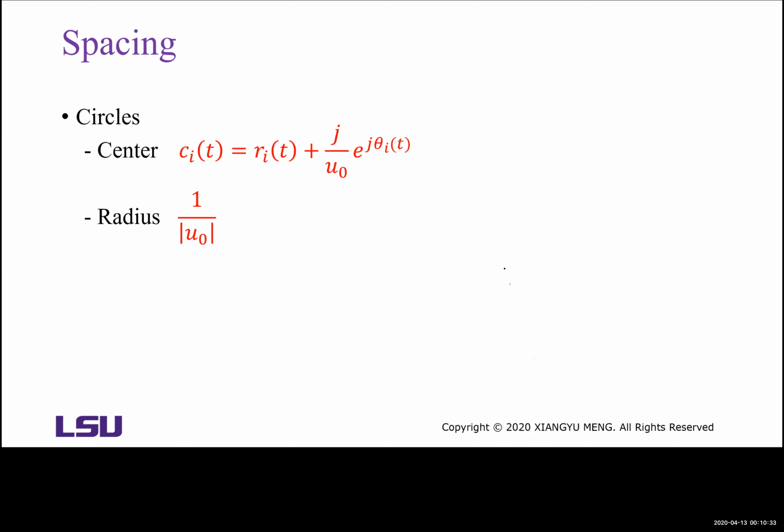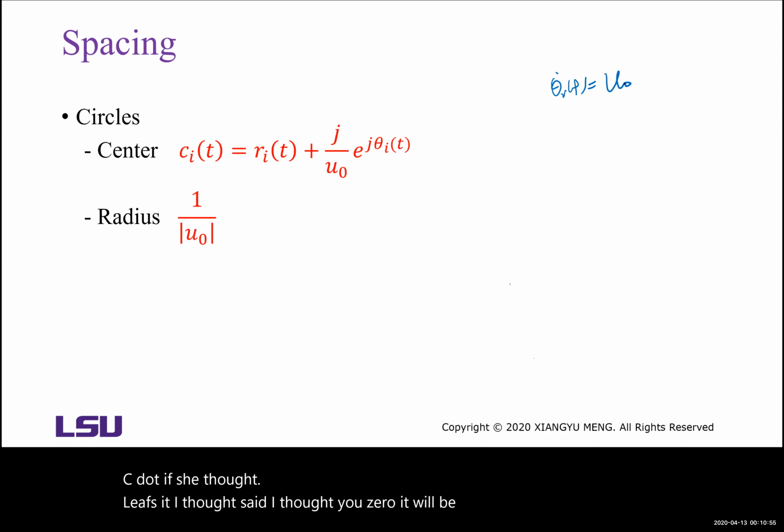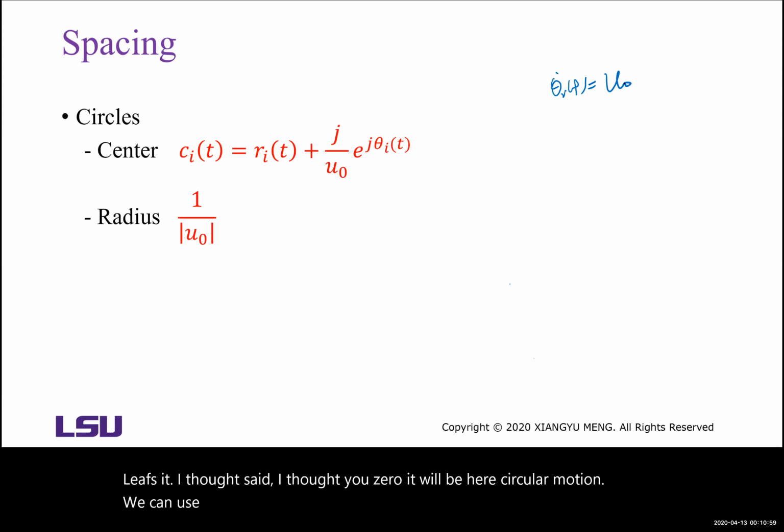So the agents are moving in a circle if we give a constant input u0 for θi dot; it will be in circular motion. Then what's the center? We just showed where the center is, but I can show you a different way to calculate it.